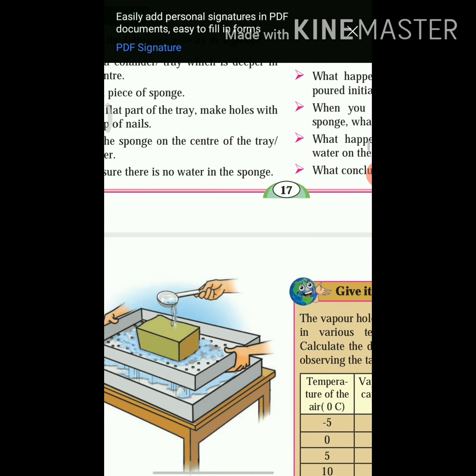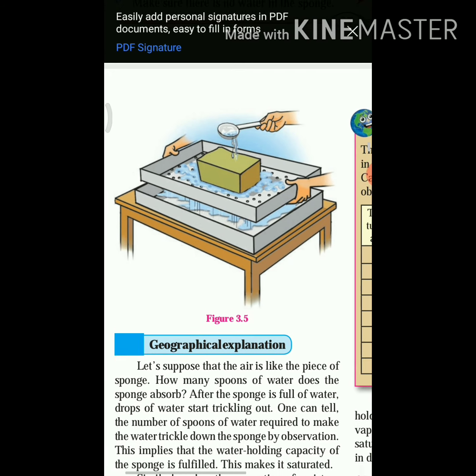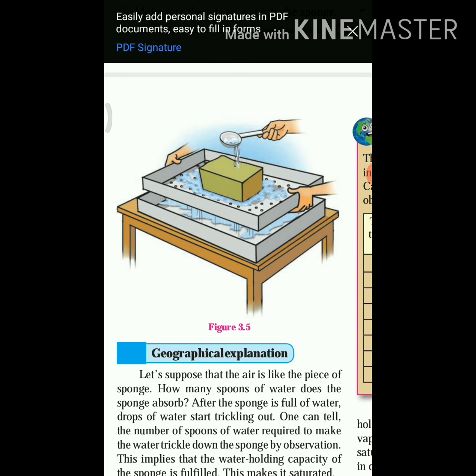Here the last figure is 3.4; by mistake it is written 3.5. Now what happened when we poured more water on the sponge? The water trickled out from the sponge. And then the last conclusion: what conclusion can you draw from this activity?